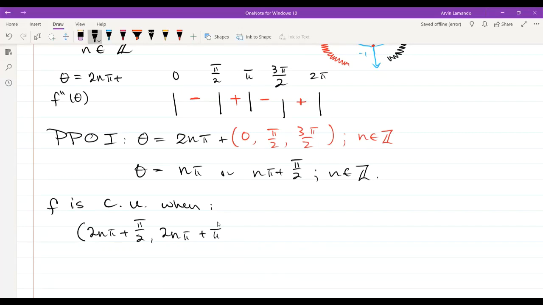It's also concave up from 2n pi plus 3 pi over 2 up until 2n pi plus 2 pi.